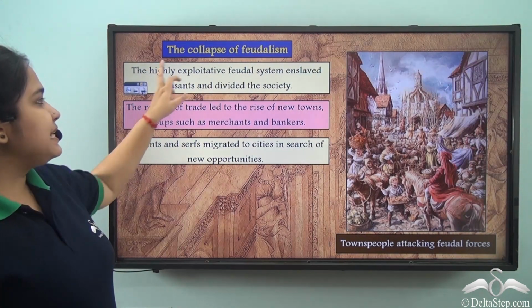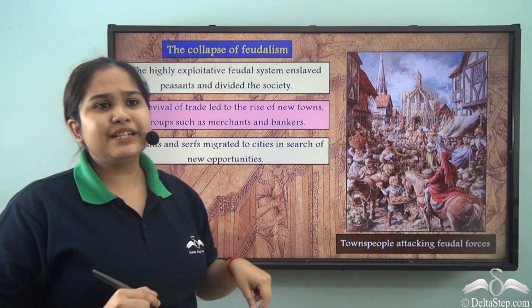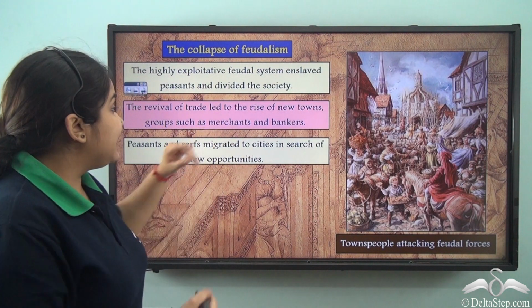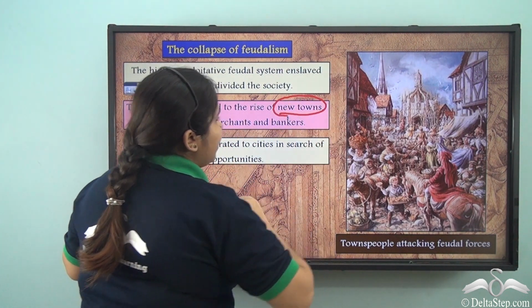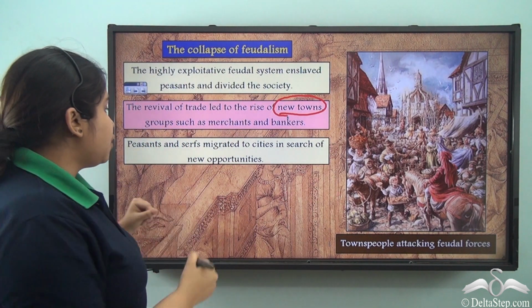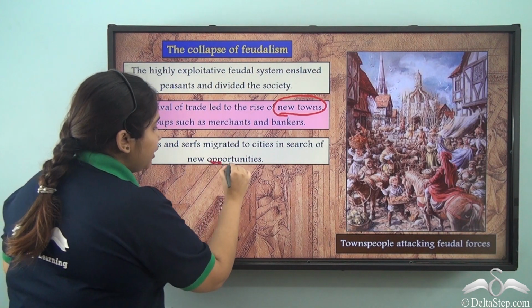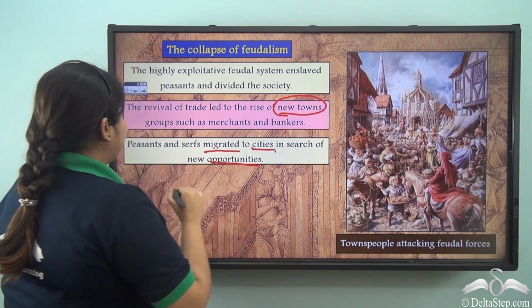So these serfs who were being exploited and enslaved in a feudal system found these new towns very lucrative. So in order to find new opportunities, they were migrating to the new cities.